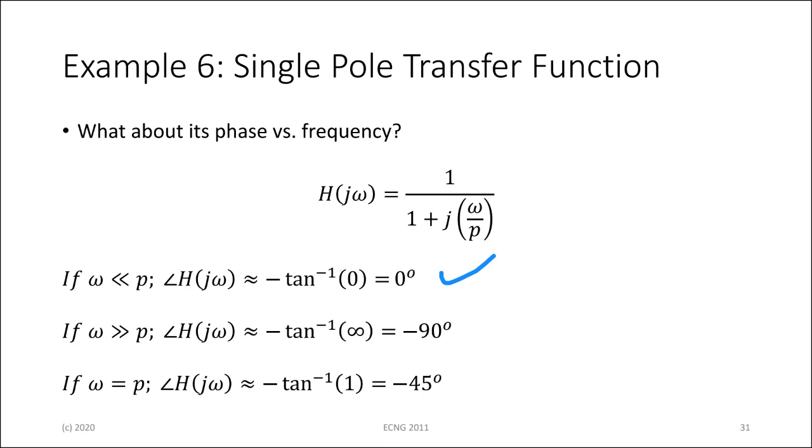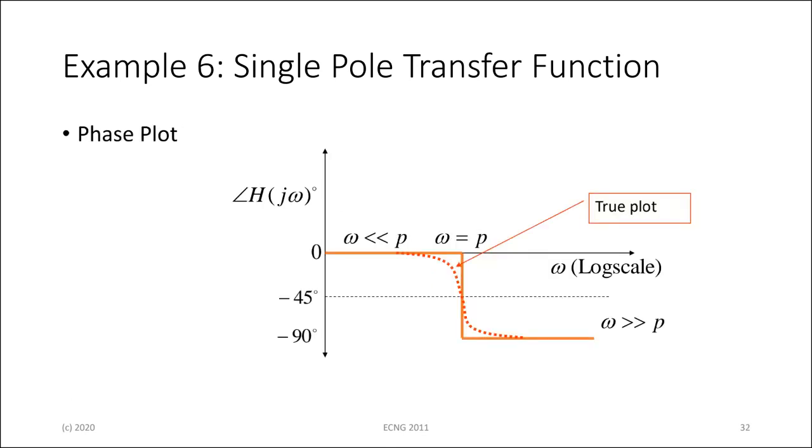So the phase behavior of that looks like this. For omega much less than P, the phase angle is 0 degrees. For omega much greater than P, the phase angle is minus 90. And we're doing straight line approximation, so it stays at 0 until the corner frequency, and then it changes to minus 90.